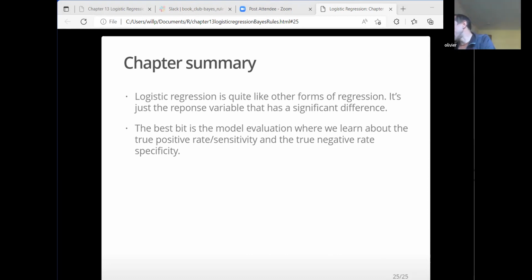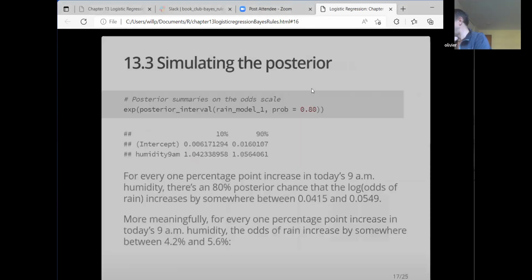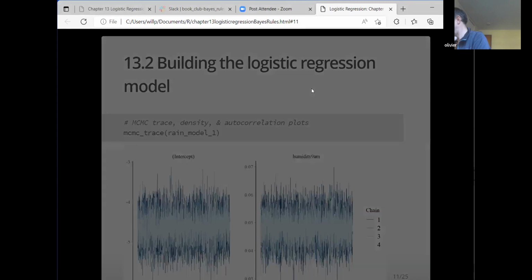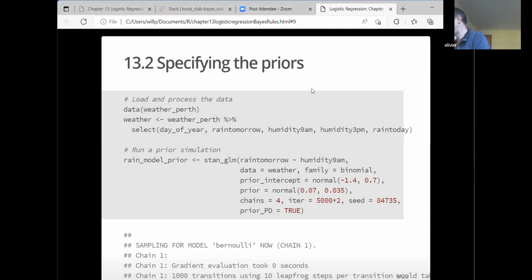I'm just checking, but we have a prior in this model probably. Yeah, there was a prior in the model. What was our choice of prior?